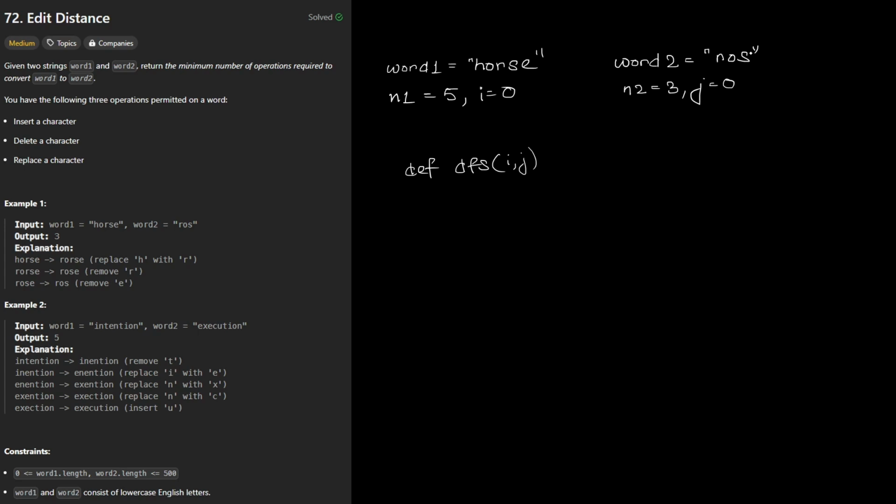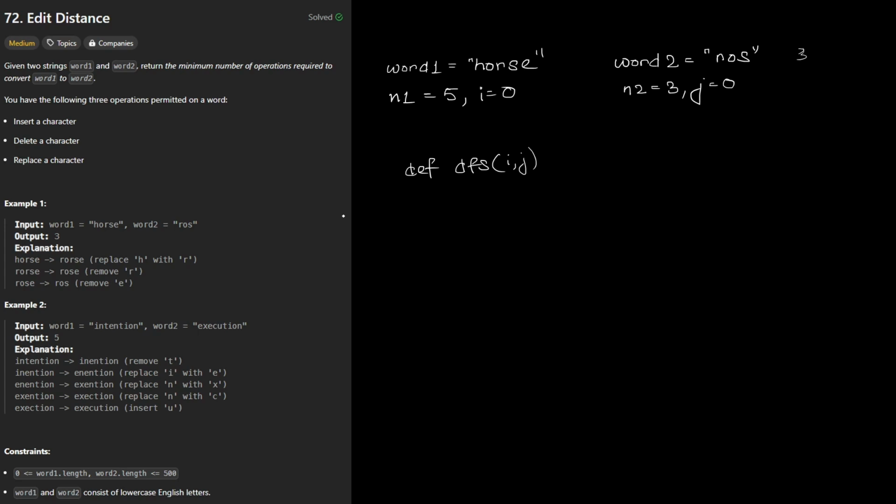Let's say my j is already at s, or at pointer 3 right now, and word1 is still at r, or let's say at s. Then what operations can we do over the last remaining element? We can delete it.